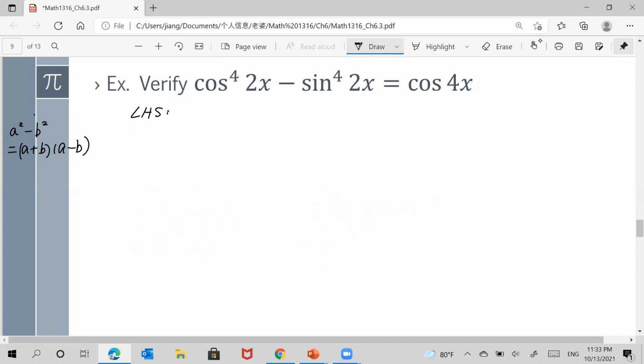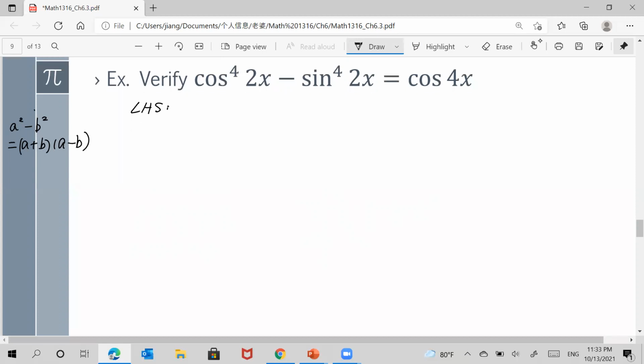That means I can reduce this into lower power terms. So let's see, cosine 2x to the 4th power is cosine 2x squared squared minus sine 2x squared squared. So this is A, this is B.